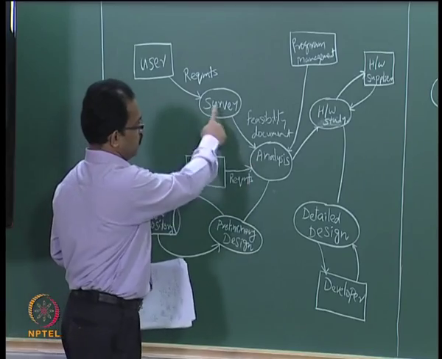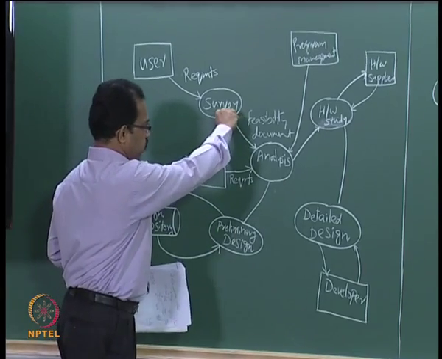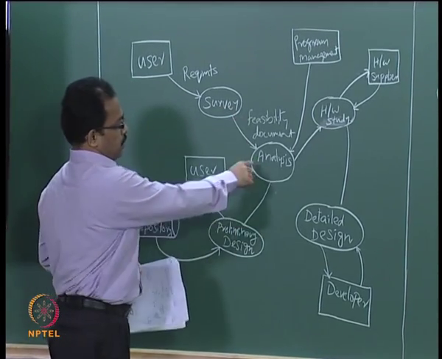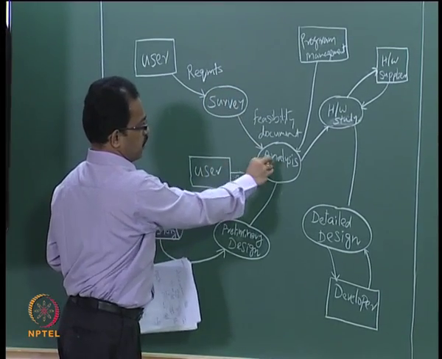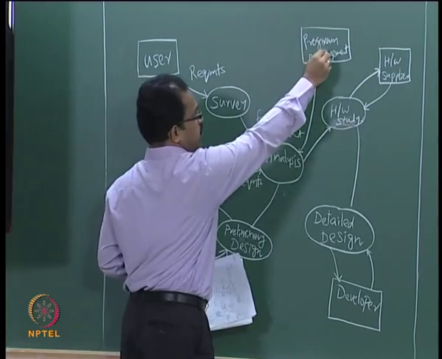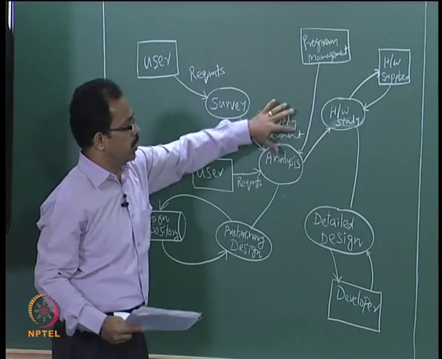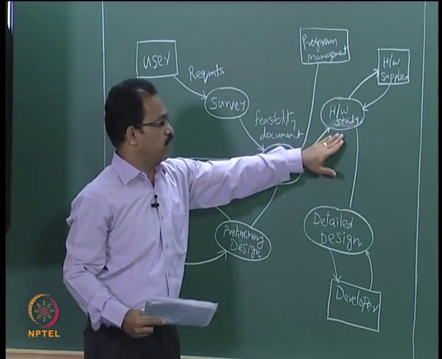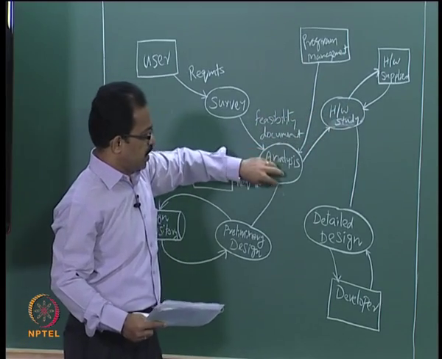You can see there is a lot of interaction with the other entities, and you can see the flow of data in this particular process. The survey data will be coming, and the user requirements will be coming there. Similarly, the requirements of the top level management in that particular design will come from program management. Similarly, the details of the existing hardware and the requirement of hardware will interact with the analysis team.